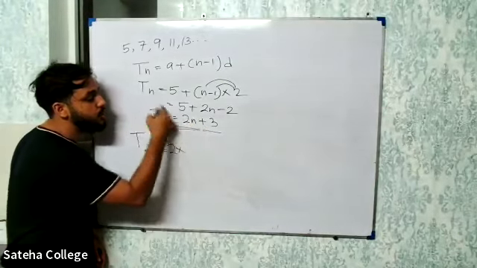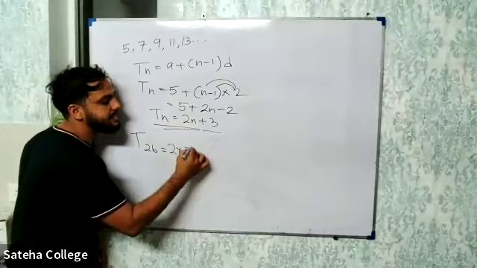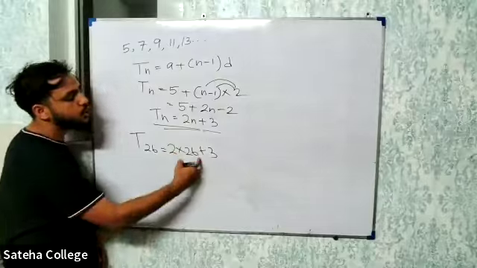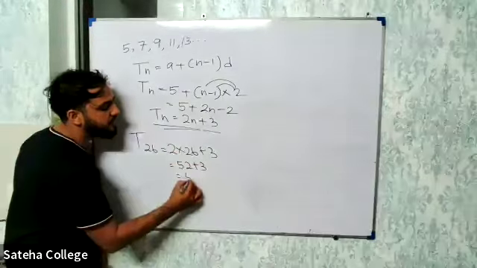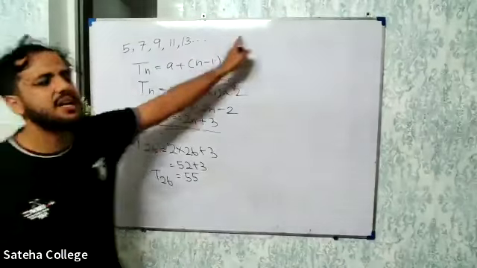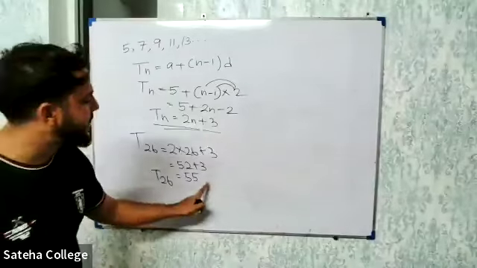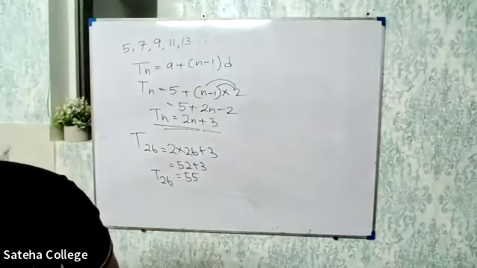We are finding Tn, okay? We know n is equal to 26, right? So 2 into 26, that is 52 plus 3, so that is 55. So on the 26th day, if you continue like this, she will put 55 rupees into the till, right?